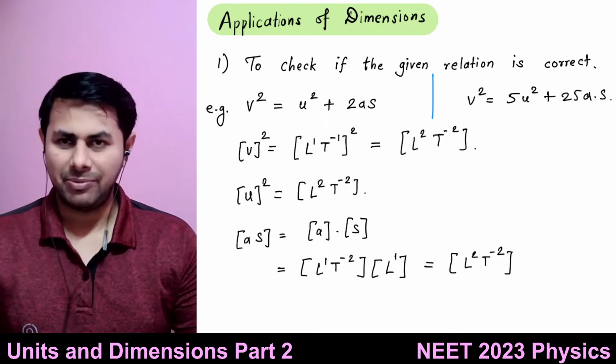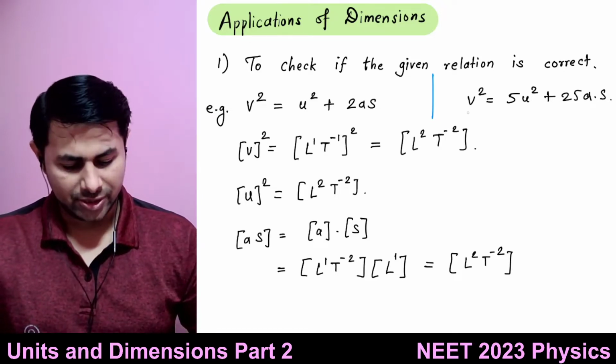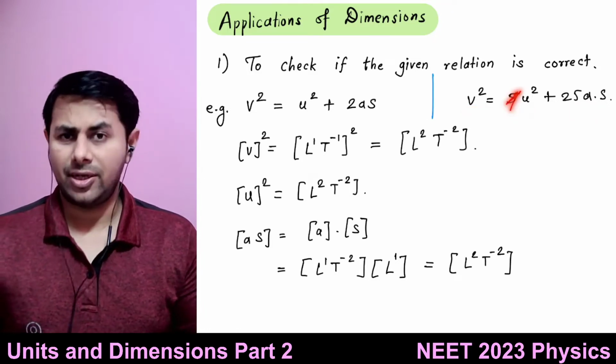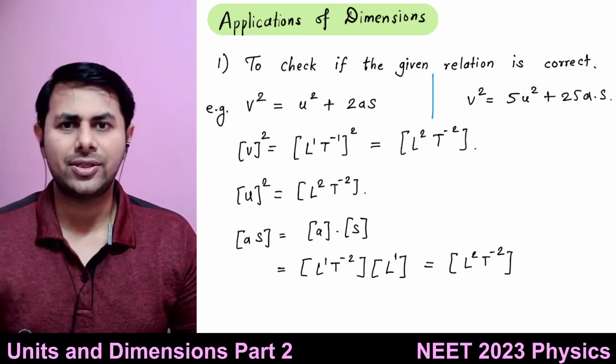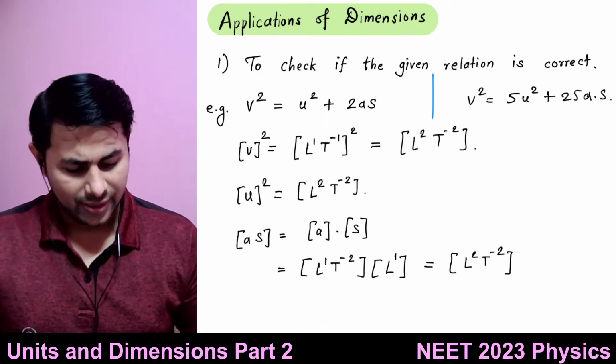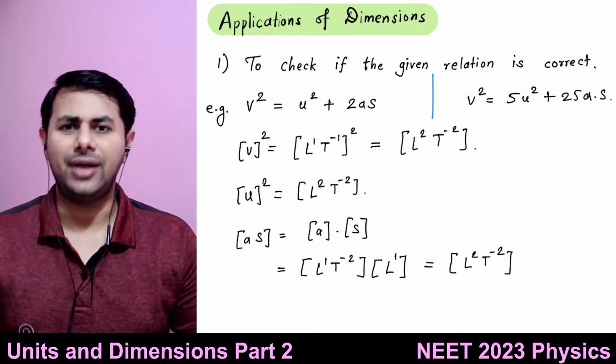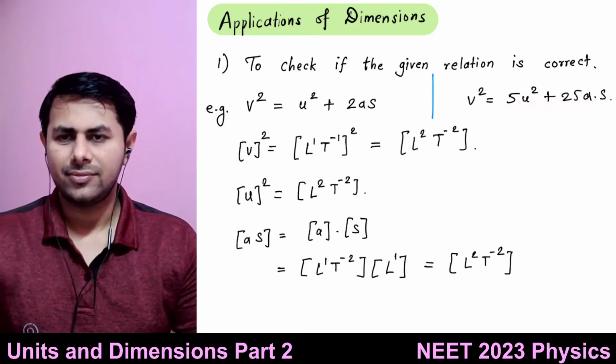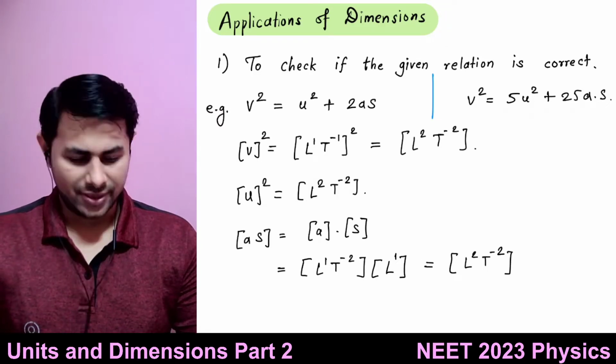Yeah, so dimensions will match, right? Dimensions of these three terms will match because 5 doesn't have dimensions. Okay, it is dimensionless, just multiplicative factor, and this 25 also doesn't have any dimensions. But is this equation correct? No, wrong. It's wrong, right?